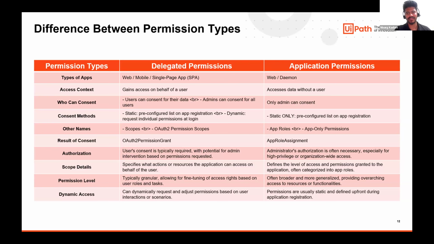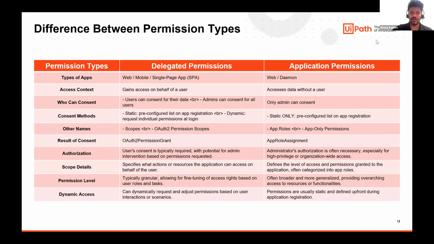As for the access context, in the case of delegate, it's on behalf of a user, and with application permissions, it's accessing the data without any individual user. However, you can also restrict a couple of permissions at the user consent level, which we will see throughout our session today, where Alexandru and I will talk about it more.